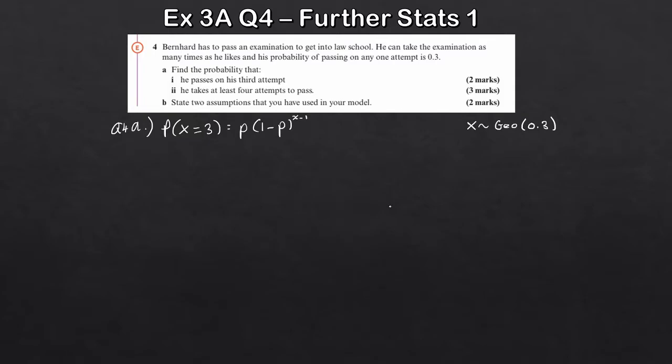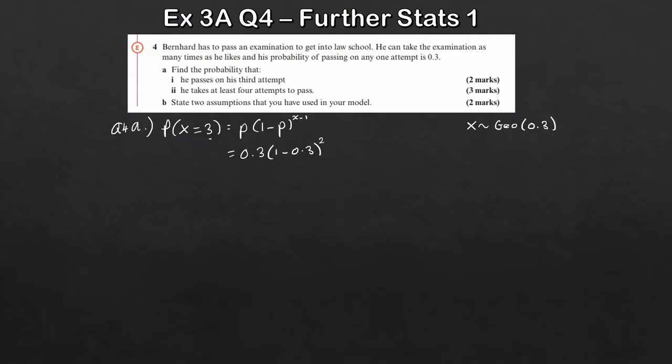So what we can do now is start defining this function in terms of p. We know p is 0.3. So 0.3 times (1 minus 0.3) to the power of x minus 1. Now your x here is your x here, so in this case it'll be 3 minus 1, giving me 2.